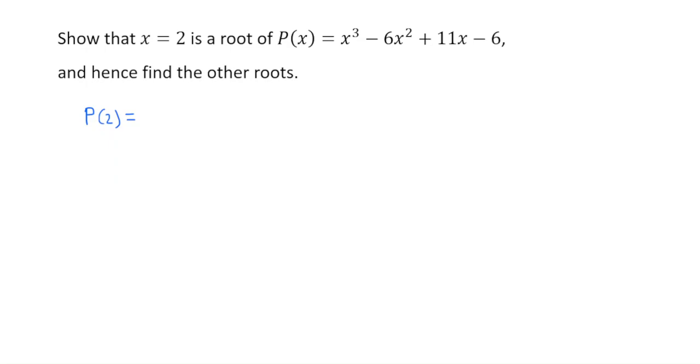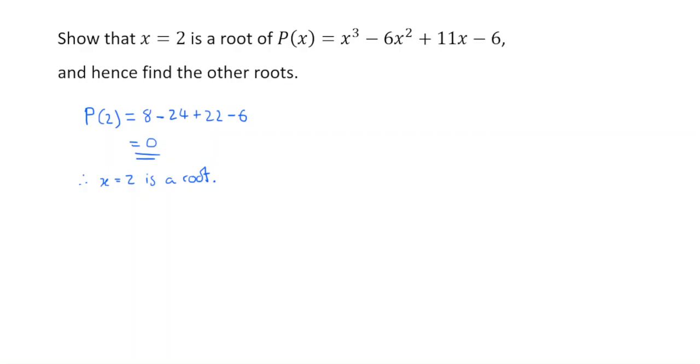Let's substitute in. 2 cubed is 8. 2 squared is 4, so minus 6 times 4, minus 24. 11 times 2 is 22, minus 6, right? And if you add all of that up, you should get 0. And that therefore means that x equals 2 is a root. Okay, so we've confirmed the first part.